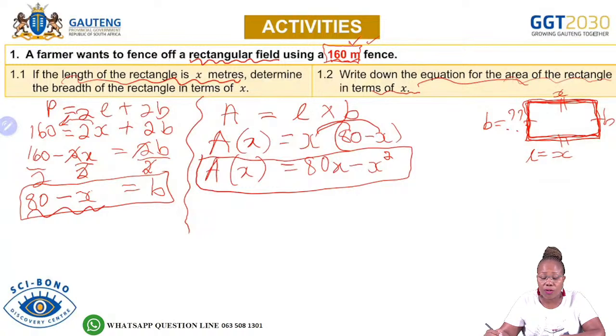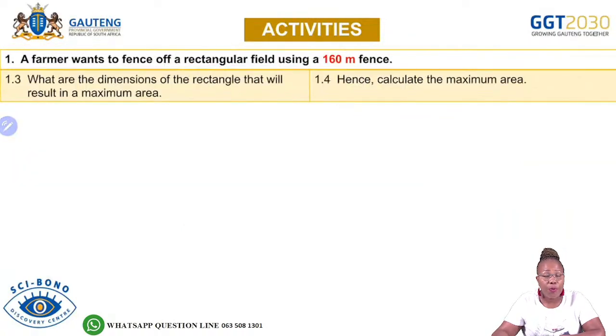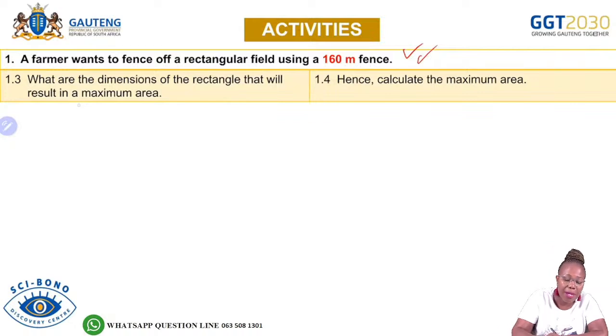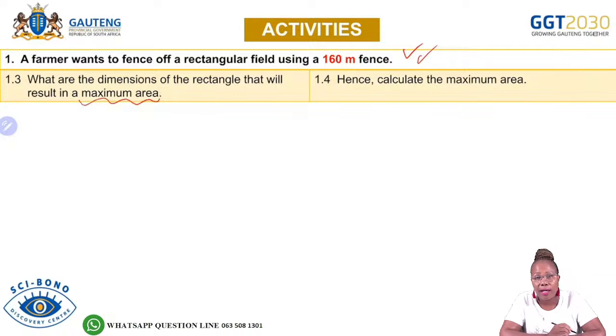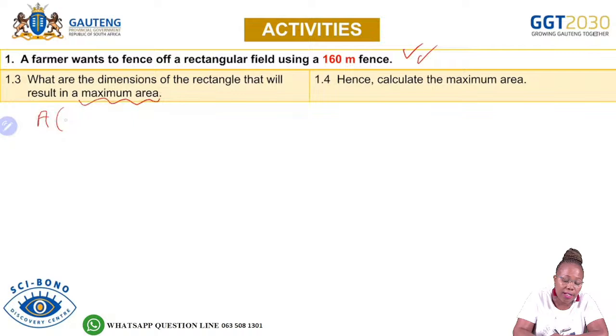Moving on to the next question, 1.3, on the same question of the 160-meter fence. They say, what are the dimensions of the rectangle that will result in a maximum area? Remember, we have our formula for the area that we calculated in 1.2 in terms of x, that our area is 80x minus x squared.